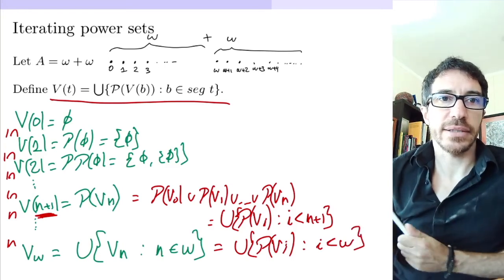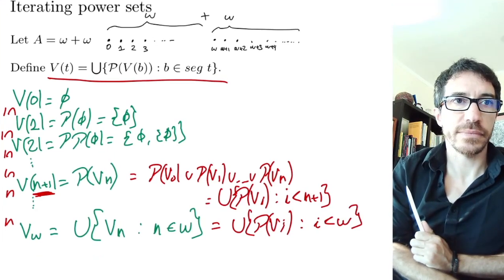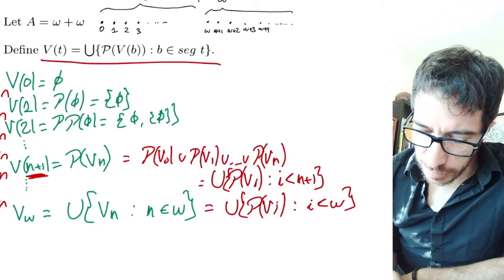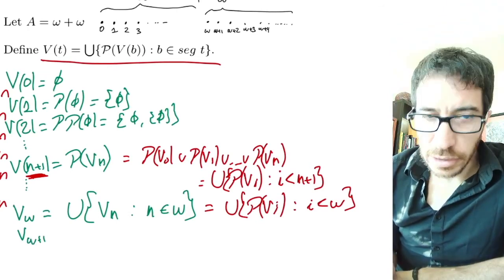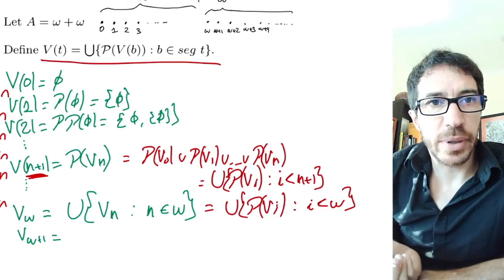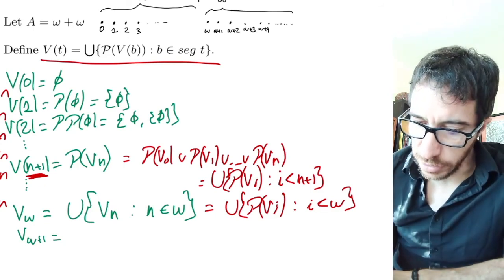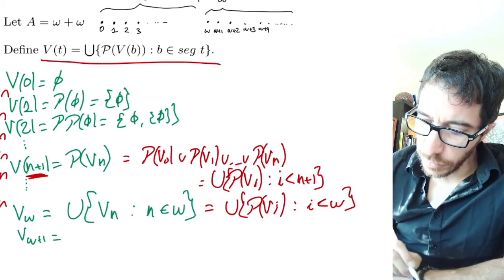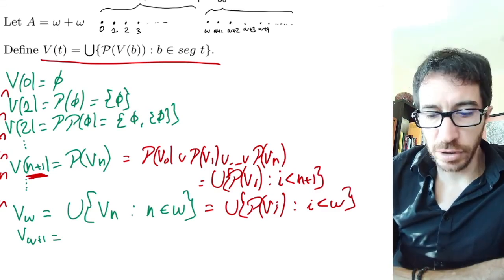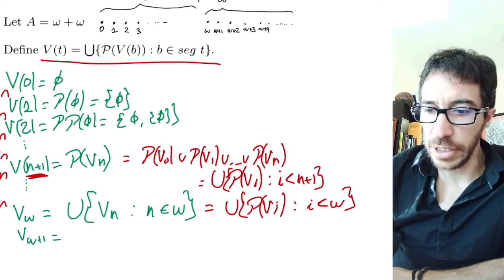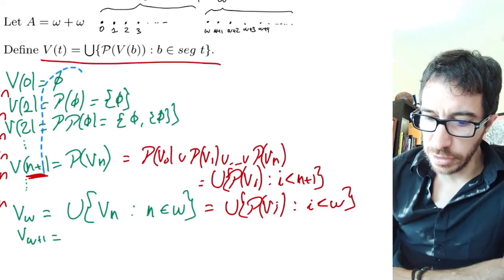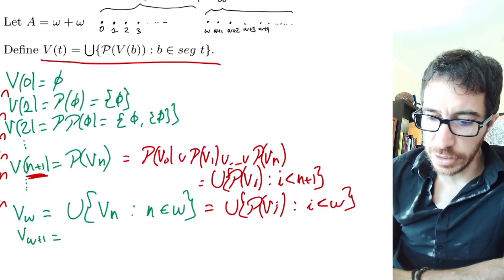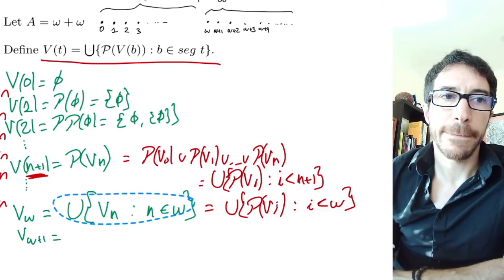So what comes next? Let's see. Well, then comes V omega plus 1, and it's going to be essentially the power set of this guy. If you follow the definition, it's going to be the union of the power sets of all the previous guys, but the union of the power sets of these guys is already V omega, which is transitive.